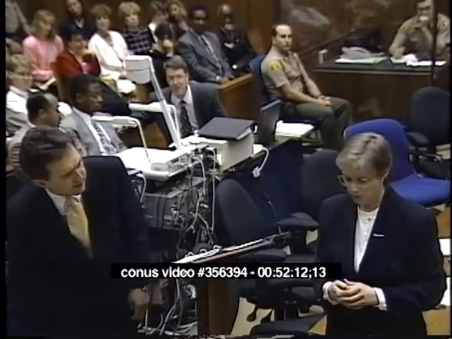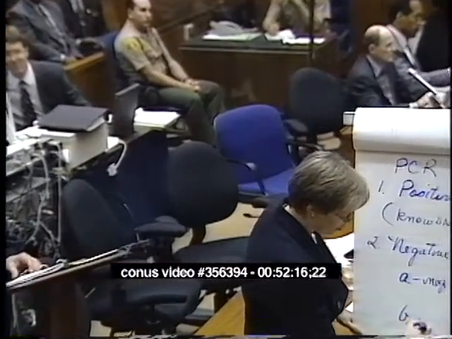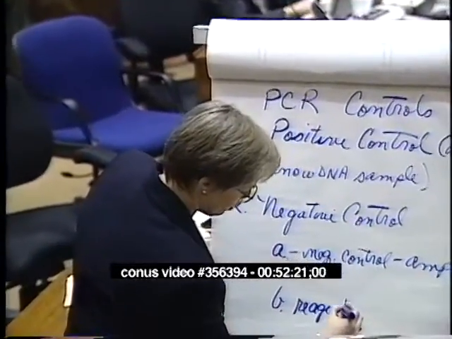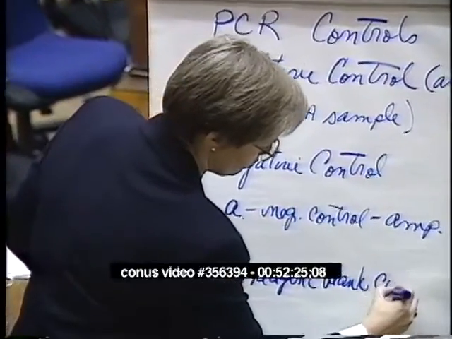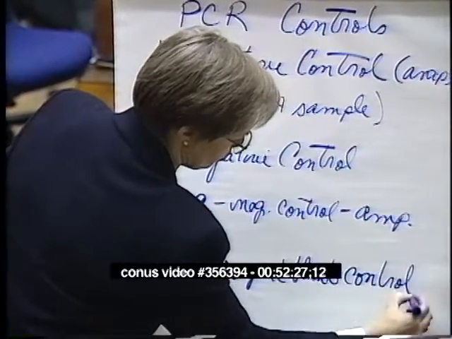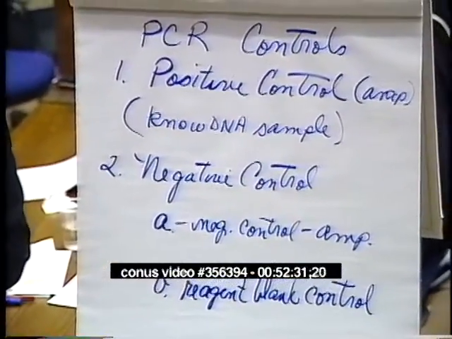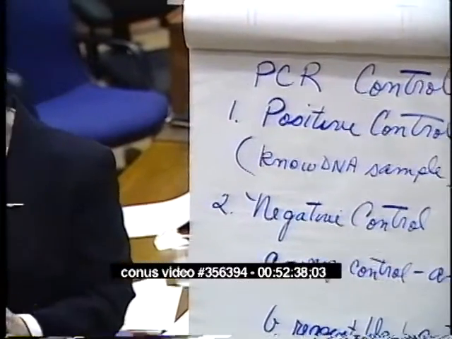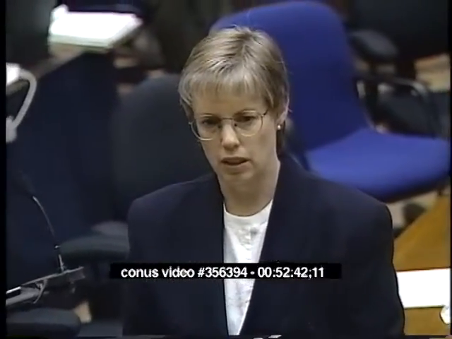Okay, is there then a second, as you described, type of negative control? Yes, and in our lab, that's referred to as a reagent blank control. What does that control consist of? It consists of everything that was added to the evidence from the beginning of the analysis.